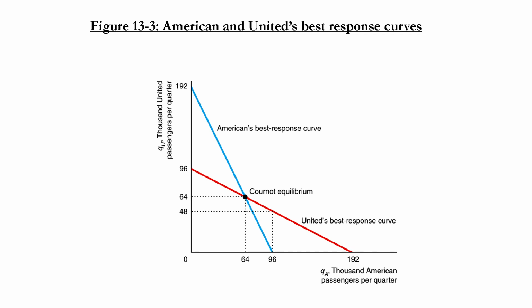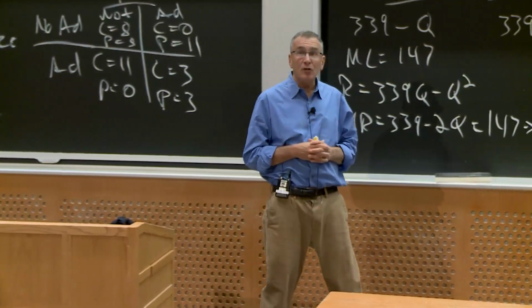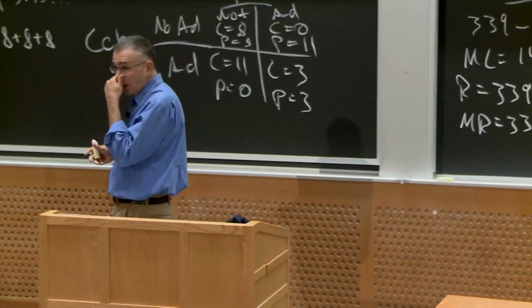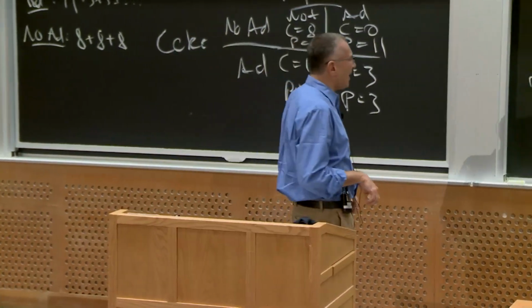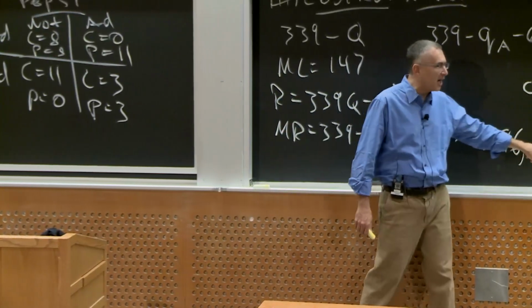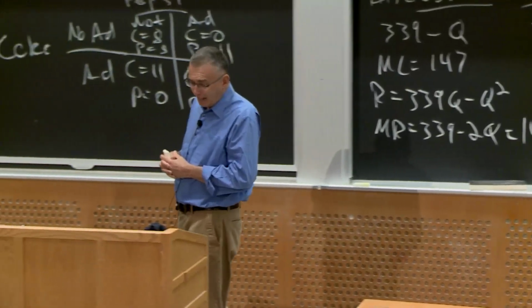So basically, that is the intersection. And here's the key point. American can't say, look, my profit, I liked it much better when I was doing this. Like I had 96 flights at a higher price. So I like that much better.